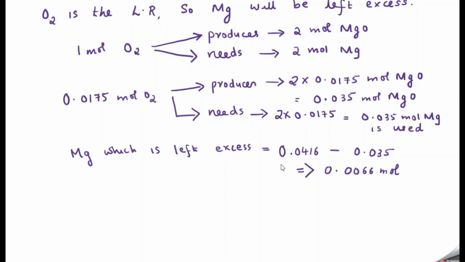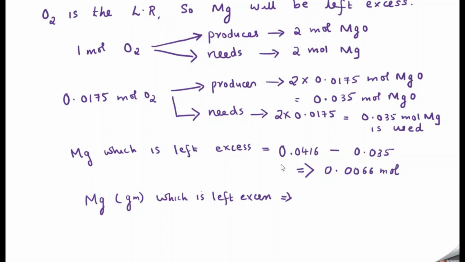Now suppose in exam they have given the option not in mole but in terms of mass, then how will you convert this in mass? I can say magnesium in grams which is left excess is equal to, how will you find out that? So we know that number of moles is equal to weight in gram by atomic mass, correct?